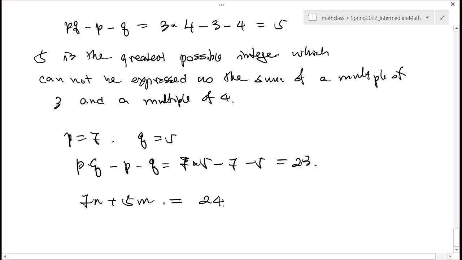Solve this for non-negative integers. Think about that. Are you able to figure it out?